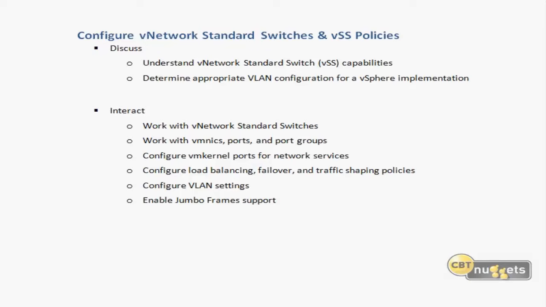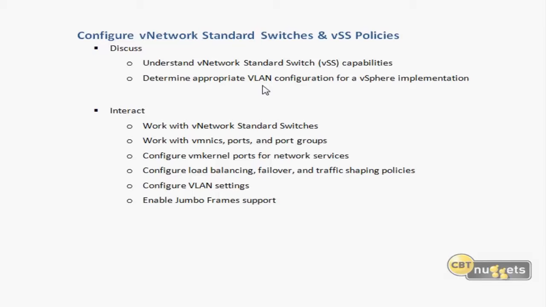So in this nugget, we're going to talk about standard switches and the networking policies that you can associate with those standard switches. We're going to talk about their capabilities, and then also here in just a minute, we're going to talk about the different ways in which you can configure those switches, not only in a VLAN configuration, but also in a direct connection configuration. I've got an image I'll show you here in just a second that will help you understand how that works.